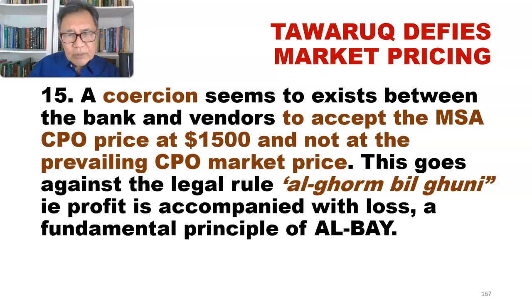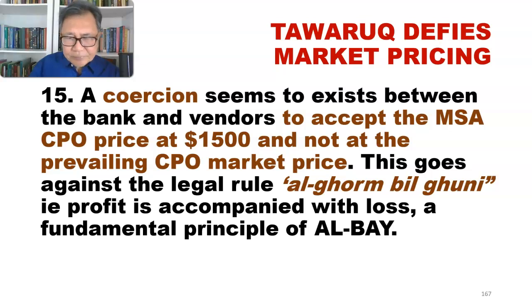The system will ensure that the CPO price for MSA and MPA remain at 1500 and not at the prevailing market price. So this goes against the legal rule of Al-Ghurm bi-Ghunni, that is profit is accompanied with loss, and which constitute a very fundamental principle of Al-Bay'.